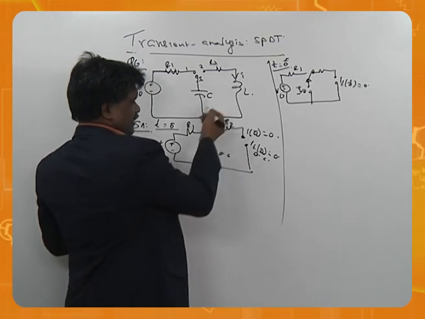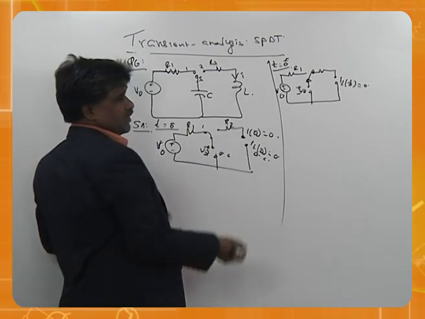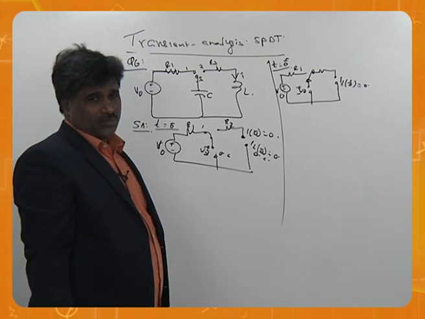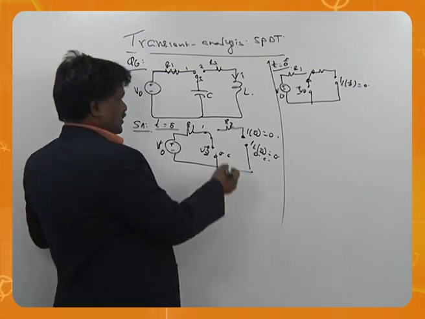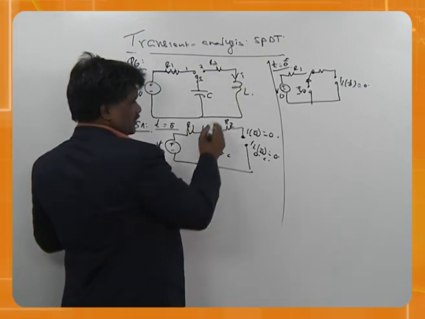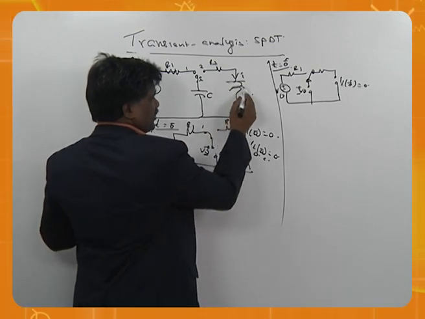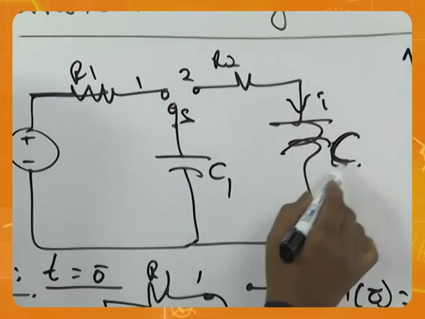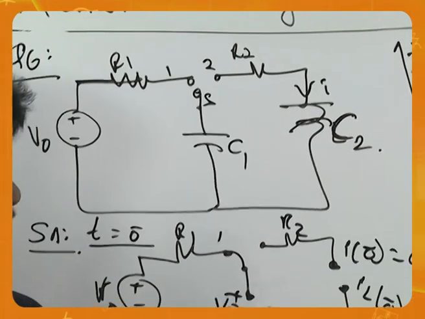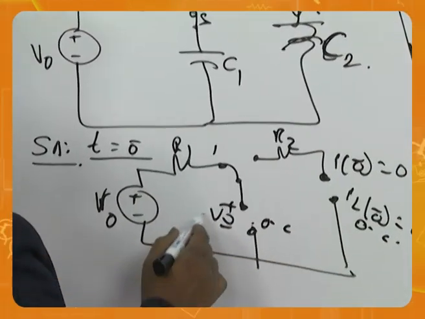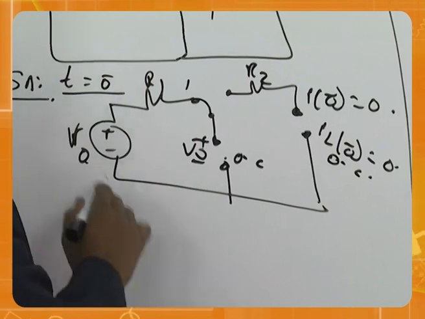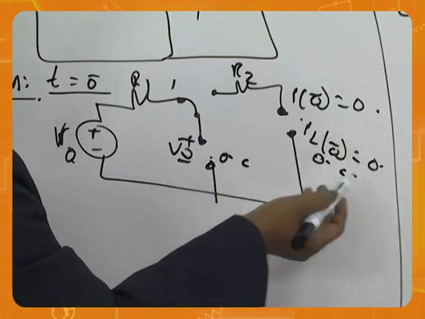This is capacitor 1, this is a capacitor. Suppose you have both capacitors instead of an inductor. If this is also a capacitor, say C1, C2, then what will happen? If it is a capacitor, what will happen?